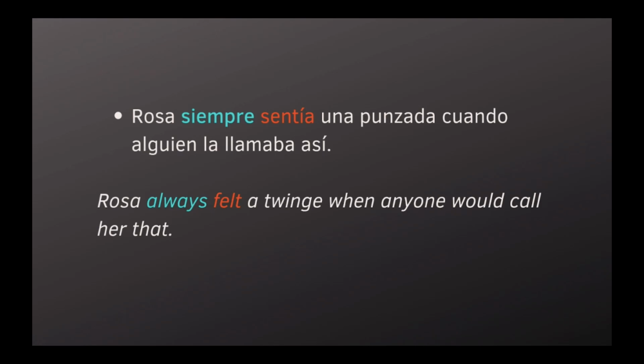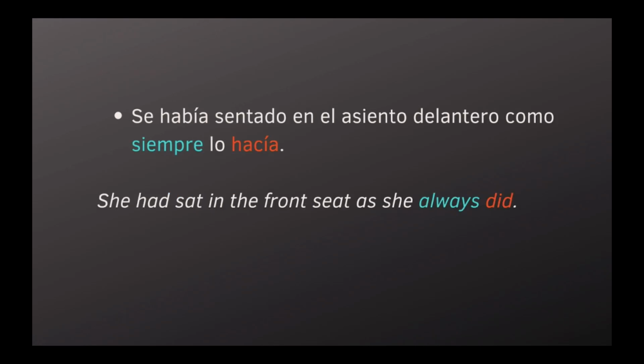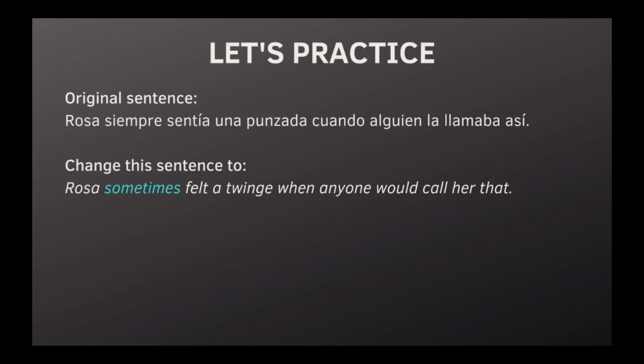So, Rosa siempre sentía una punzada cuando alguien la llamaba así. Siempre sentía. We have the imperfect sentía because we're talking about something that always habitually happened, not just once. Se había sentado en el asiento delantero como siempre lo hacía. Hacía in the imperfect because it's something that she always did.